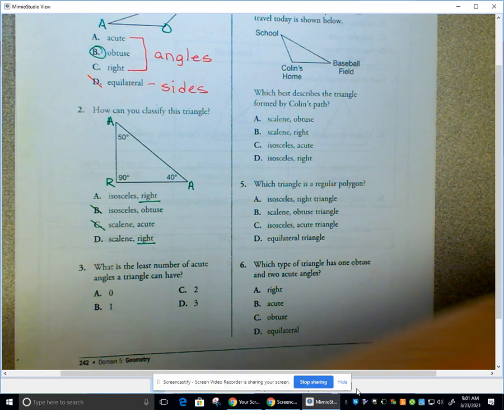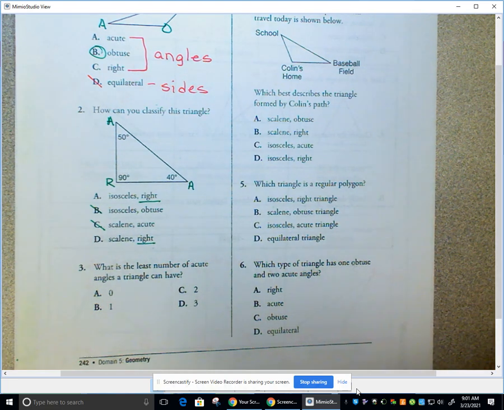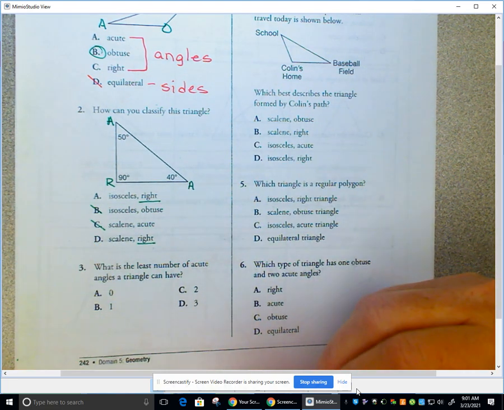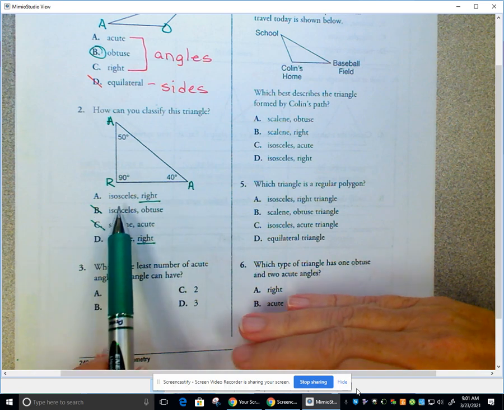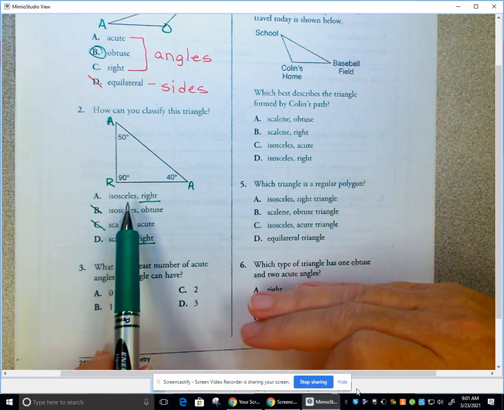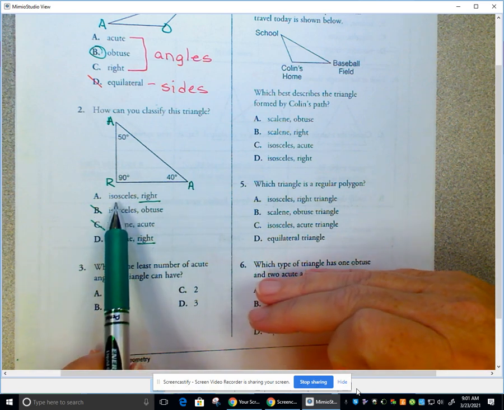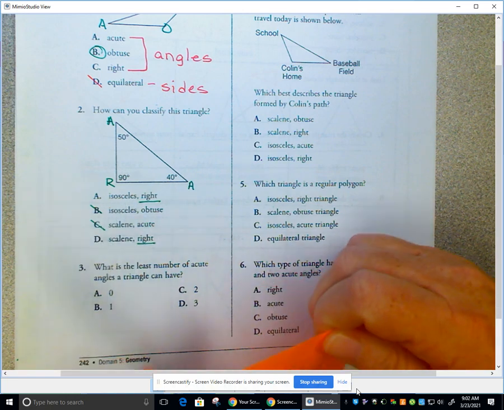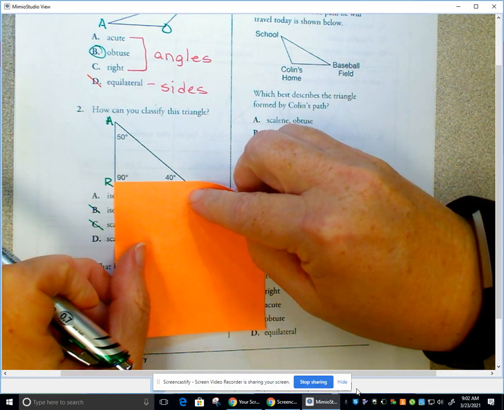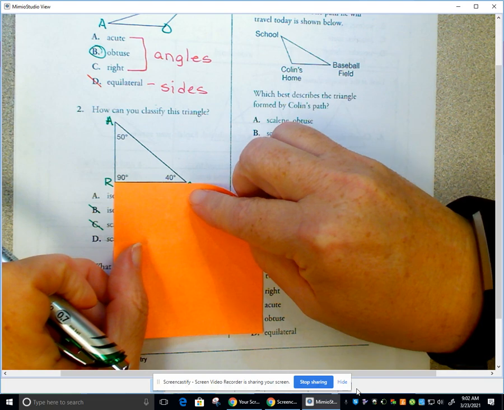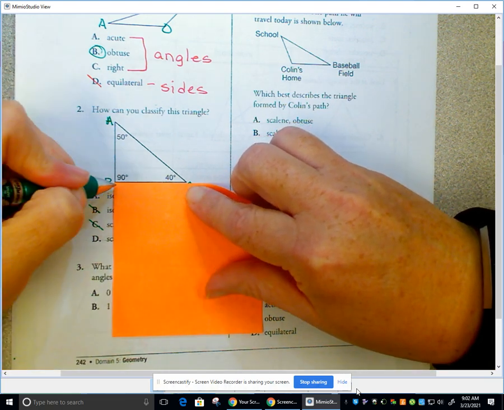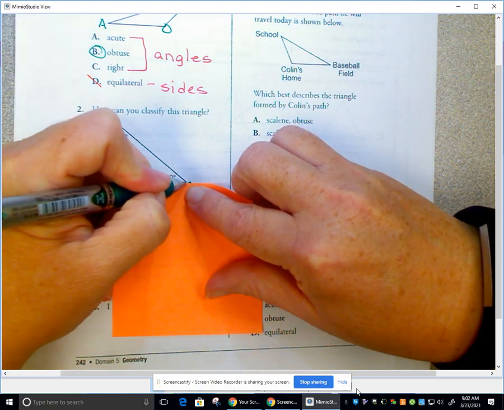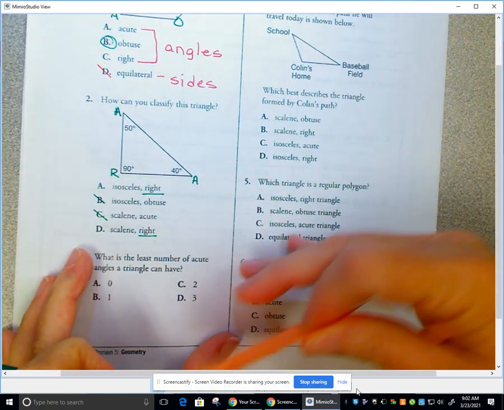Now, what you could do is sometimes you can take a piece of paper and measure. If this was isosceles right, that means that two sides would be equal. Let's see if that's the case. I'll measure it using my paper from that corner to here, and let me see how that works.